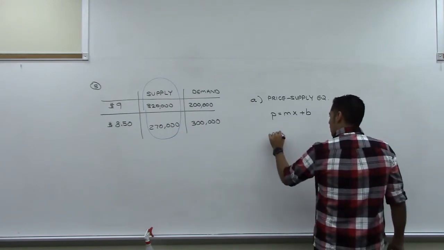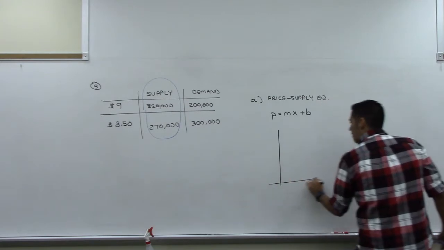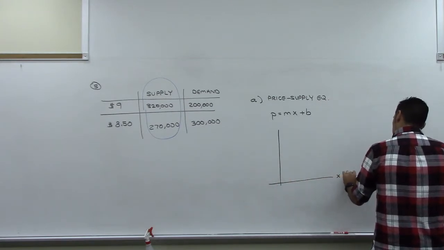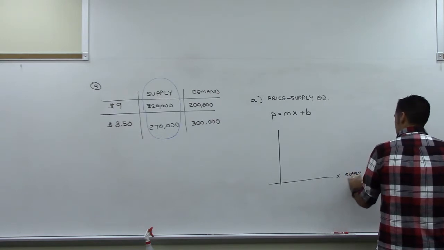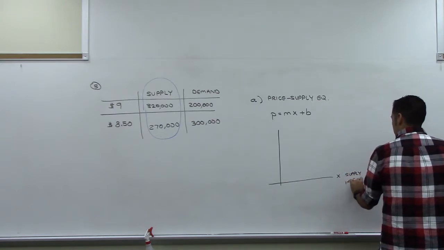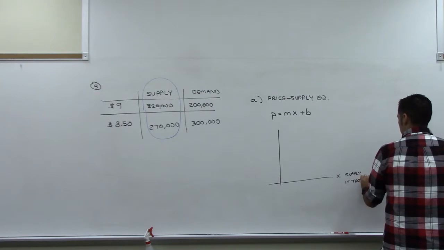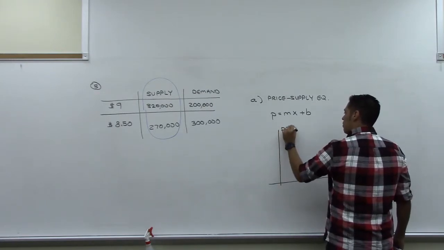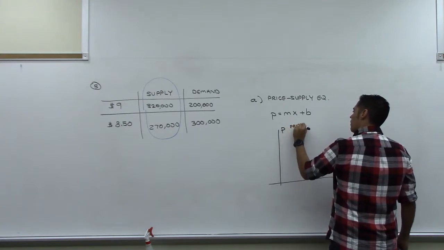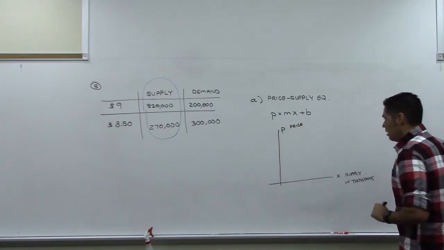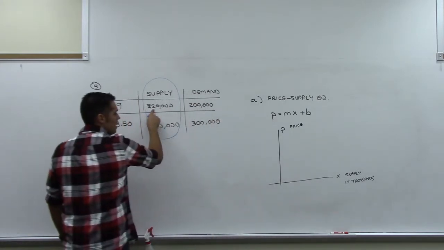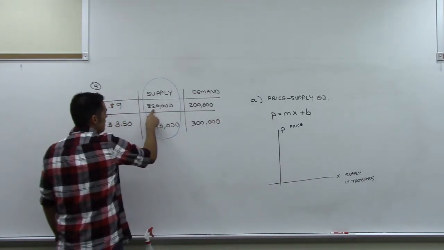So graphically, if x is my supply in thousands, and this y-axis is P, the price, then what do I know? At $9, my supply is 320,000, right?